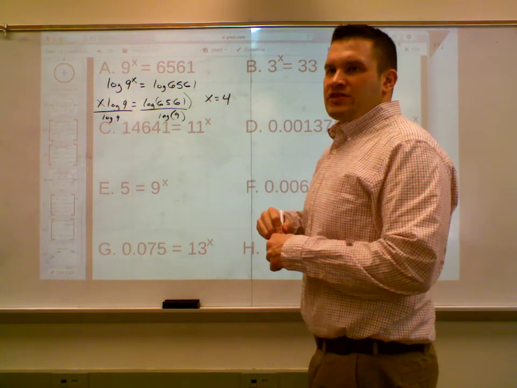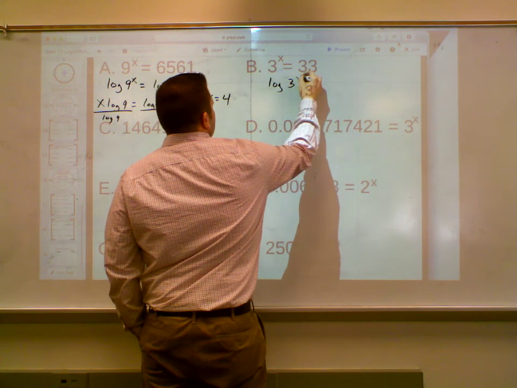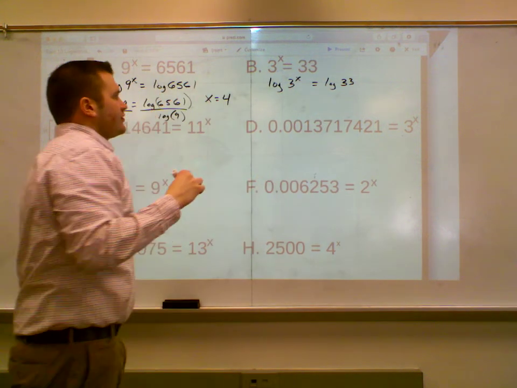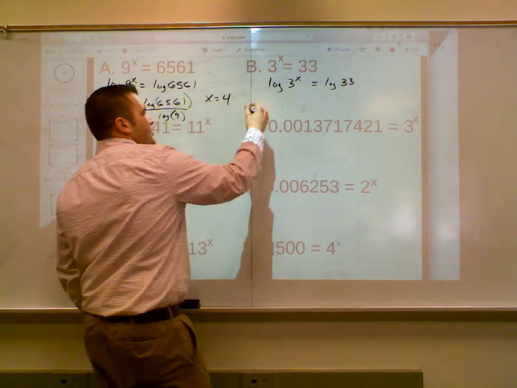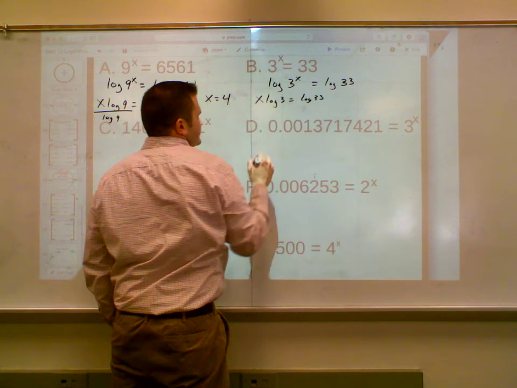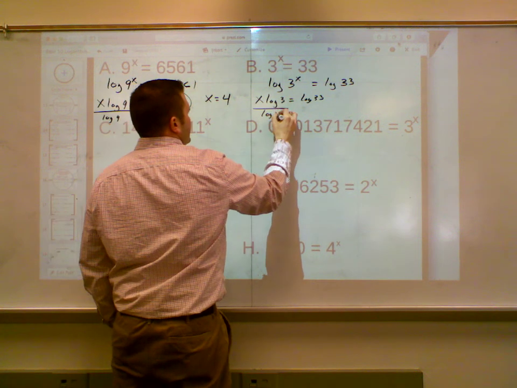KB, what's the first step? Log each side. So, x log 3 equals log 33, right? So what do we do now? Divide by log 3. What do you get?